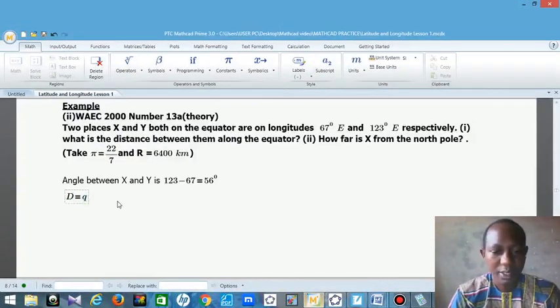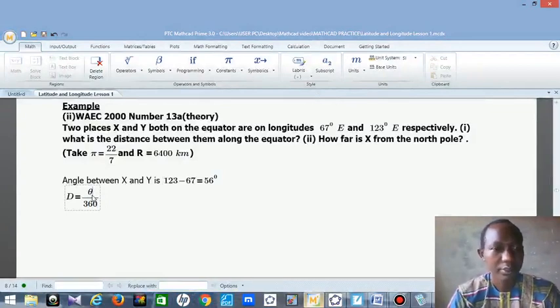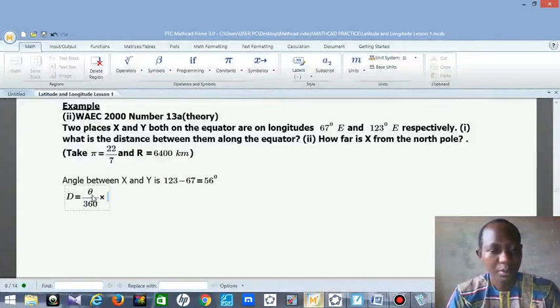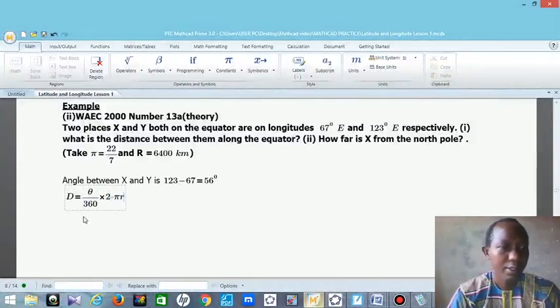So you have your theta over 360. Now we say theta, not q. Theta all over 360 times 2 pi r. So this is the formula for angles between great circles.